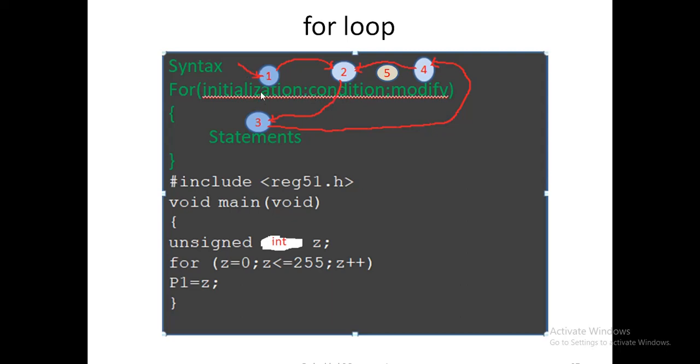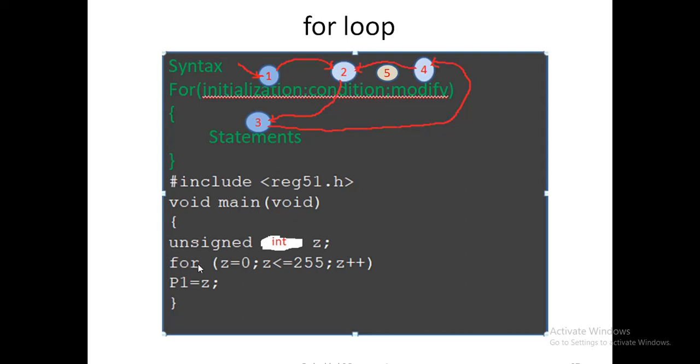So the first step is initialization, the second step is checking the condition, and the third step is executing the instructions inside the loop if the condition is true. If it is false, after the second step itself it comes out of the loop. If it is true, it executes the body, then goes back to the increment, that is z plus plus. After that, in the fifth step, it checks the condition again.